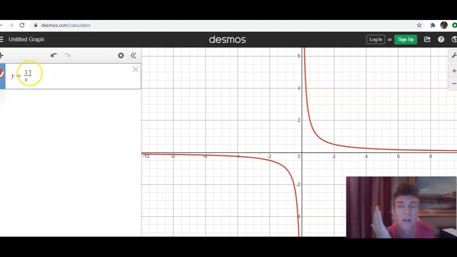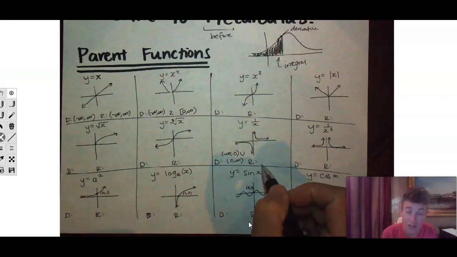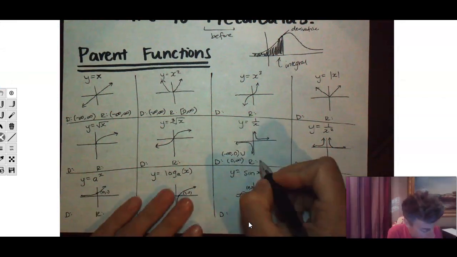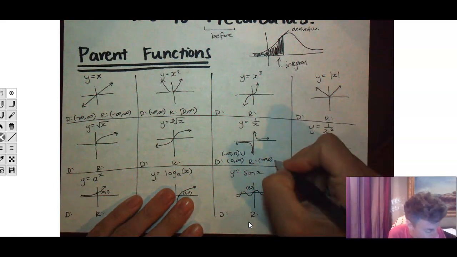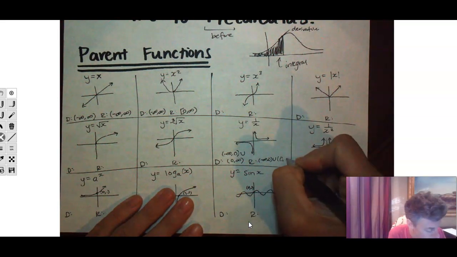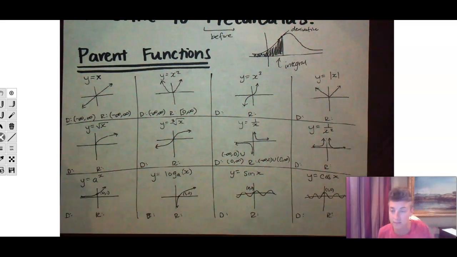Because we can never divide 1 by something to get 0. We will never be able to plug in any number for x that will give us a 0 for y. So 0 does not exist in the range of this function, which means our range is the same as our domain in this case. We go from negative infinity to 0, not touching, union 0 to positive infinity.